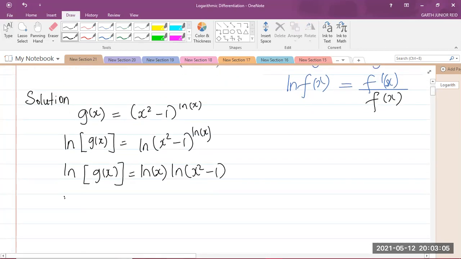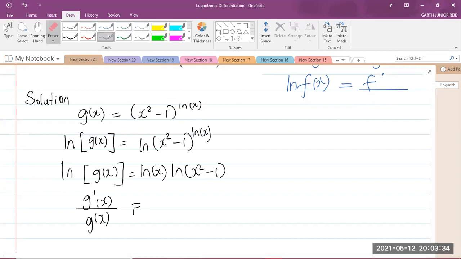So we differentiate the ln of g of x, and we will get g prime of x divided by g of x, the original function, and that is equal to, on the right-hand side of the equation, a product.